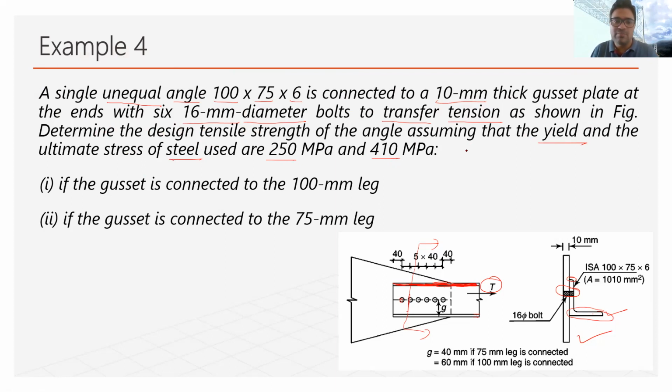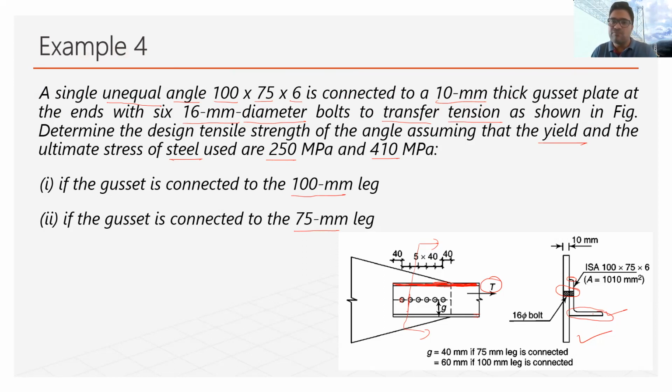At the same time, it is also asking that when we connect the angle with the longer leg, which is the 100 mm leg, and when we connect the angle with the 75 mm leg, it is asking the strength in both cases. And we are also required to find out which length should be connected with the gusset, whether we connect the longer leg or the shorter leg. We have to find out that.